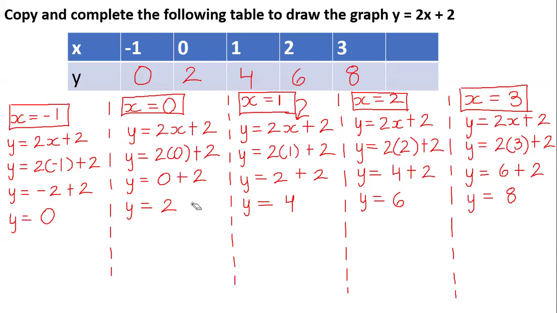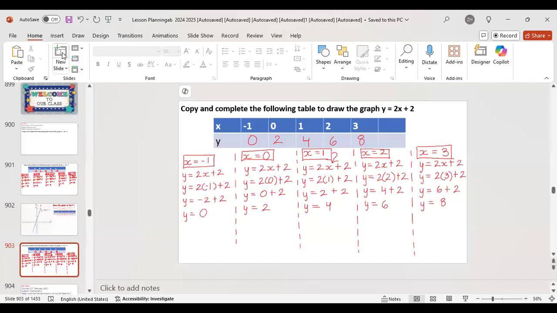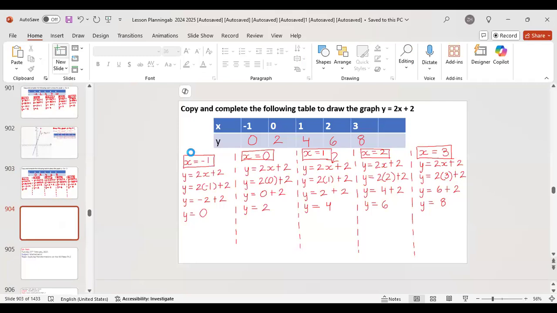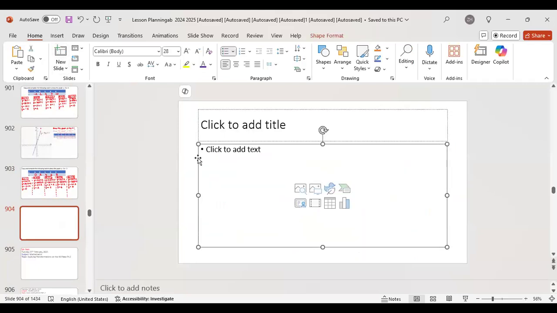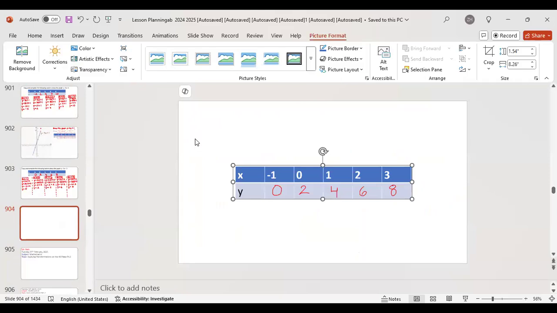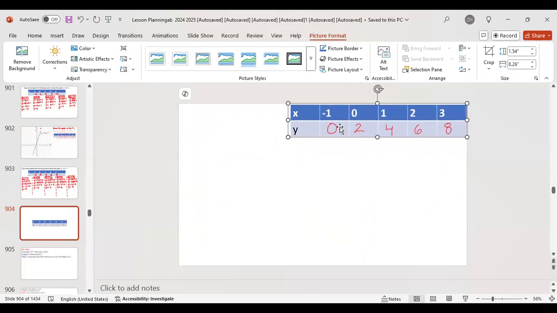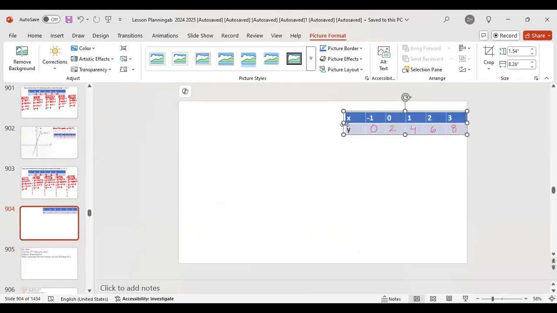All right, so now we're gonna graph it, right? So let's go ahead and graph this thing. We only have to go from 0 to 8, so that's good.